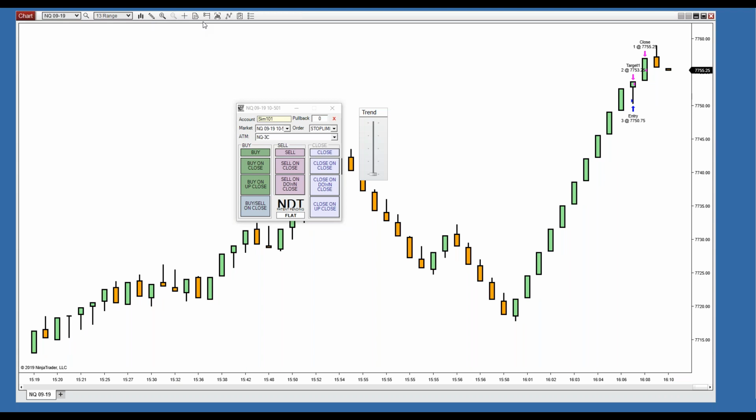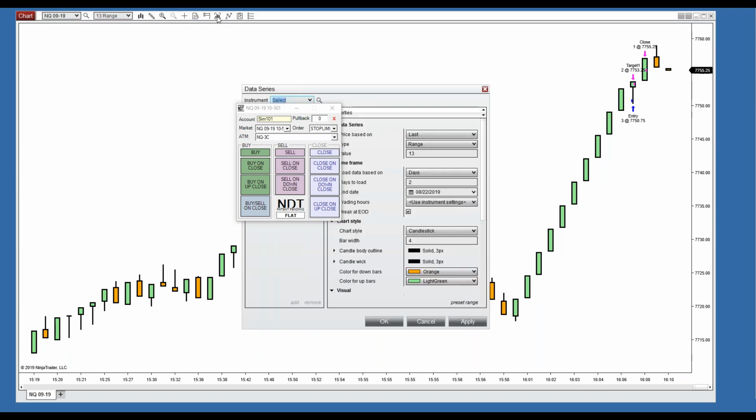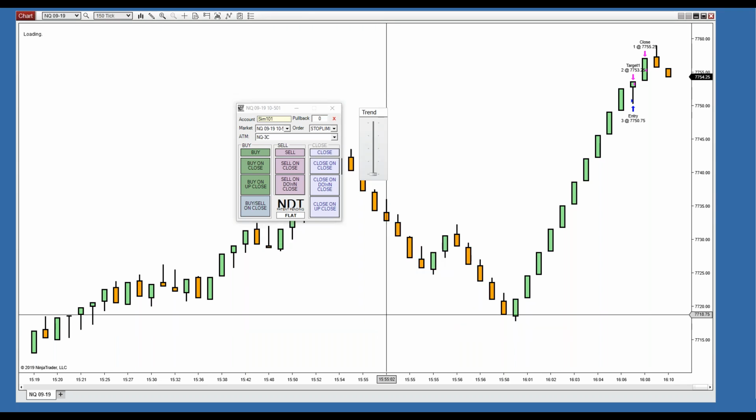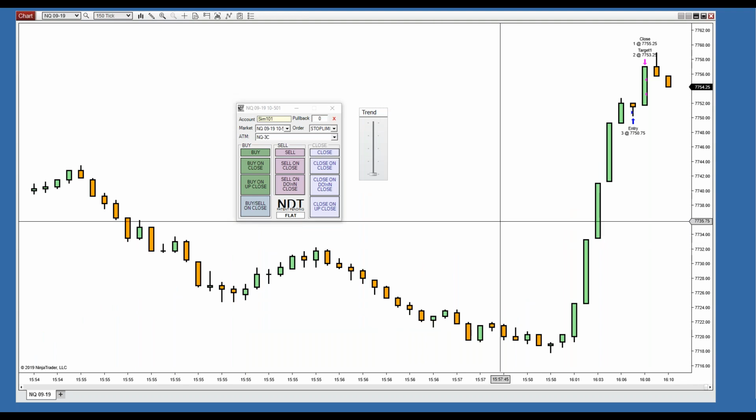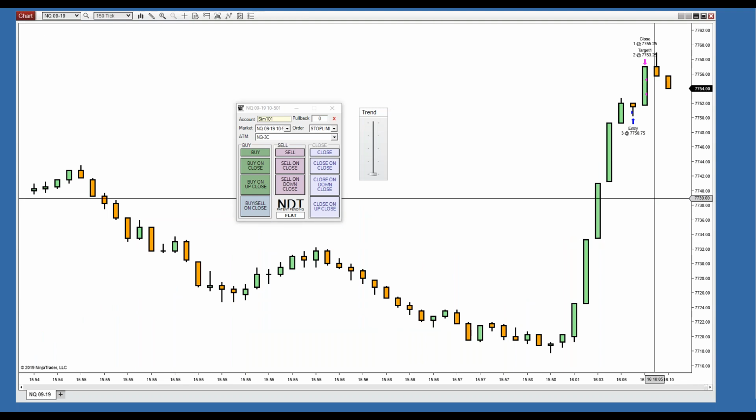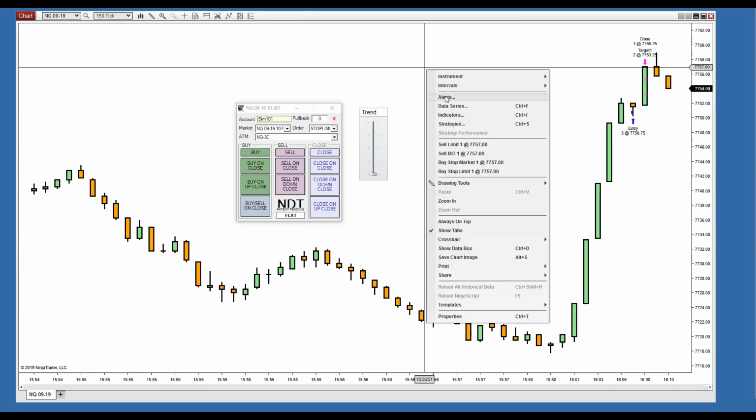And in fact, what I'm going to do is change this to a tick chart. I'll just trade a 150 tick. Now, you really don't know. Now, I know there's a tick counter here.